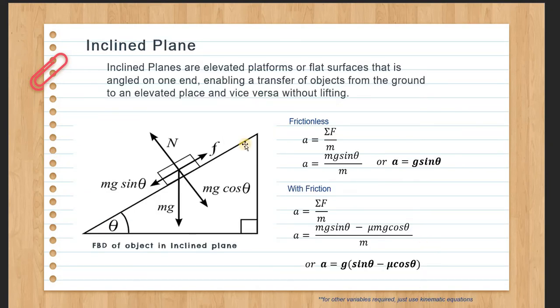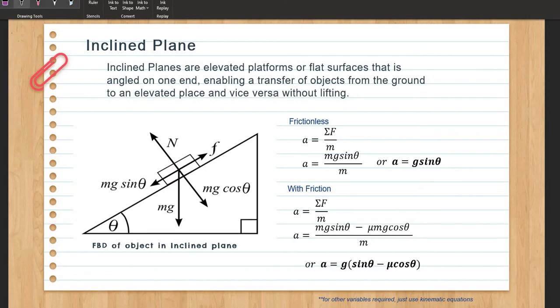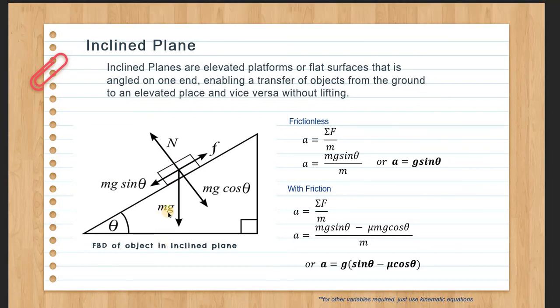Okay, so sa inclined plane naman, we already discussed how to draw the free body diagram of this. And here, you know that normal force is equal to mg cosine of theta. So they're equal and opposite in direction. So they will be equal to 0. Okay, and here, if there is no friction or frictionless yung surface, the only force acting is mg sine of theta.